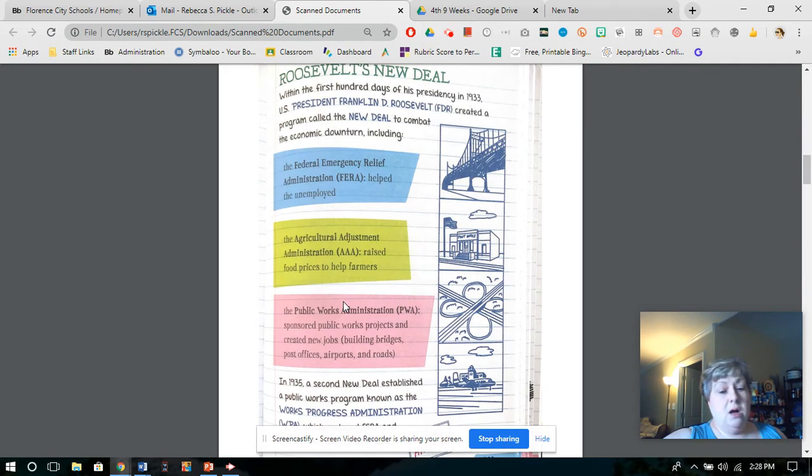Now, he also, in our area, which is Florence, Alabama, establishes something called the TVA, the Tennessee Valley Authority. And this is kind of local history for those of you who are wanting local history. We had built a dam here in Florence called Wilson Dam under Woodrow Wilson's administration during World War One.